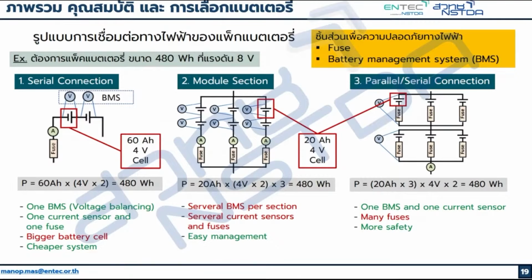The popular one, the third type, parallel or serial connection, is used by Tesla Model cars. As you can see, for one BMS there's one current sensor.